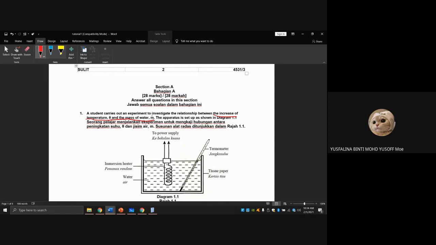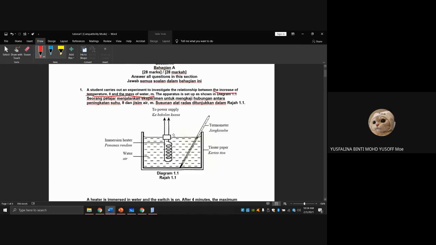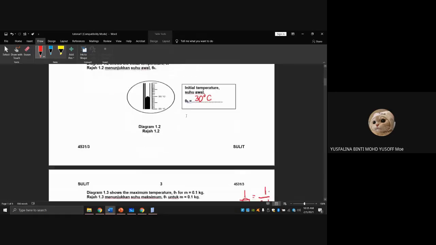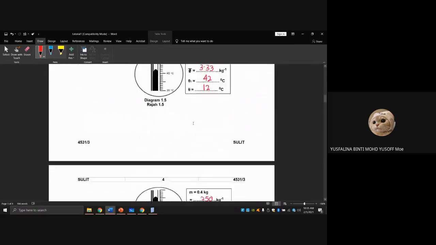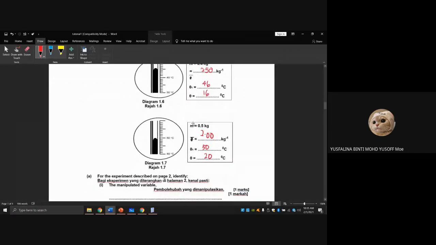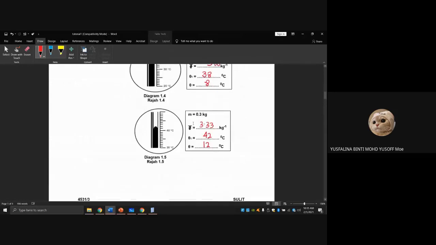Alright, but maybe some of you are confused about which one is the manipulated variable and which one is the responding variable. You can see from the diagram here what value the question gives you. It gives you the value of m. For every diagram, they give you the value of m. So the m is actually the manipulated variable.